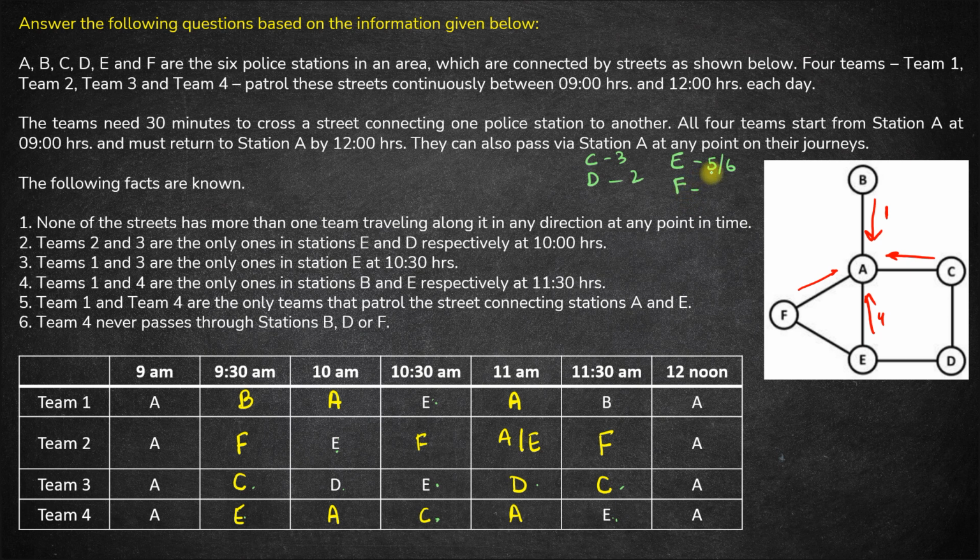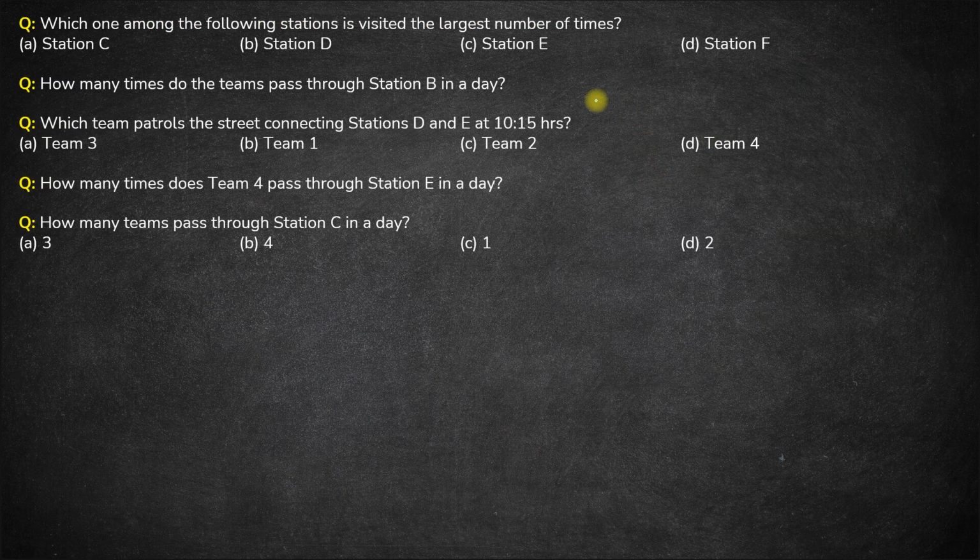Okay. Next is F. F is once, twice, thrice. 3 times is F. So even if we don't know exactly how many times station E is patrolled, it is still patrolled the maximum number of times. So option C, E is the right answer here.